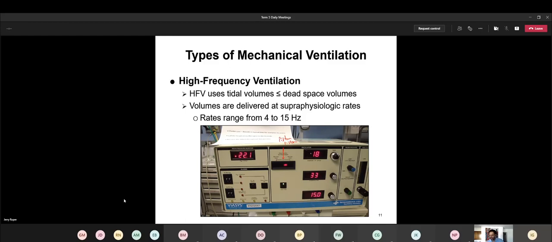And then over here, this is our amplitude. So this is like our delta P, or amps, as they call it. This will be a setting that the physician will give to you and say, let's do a delta P, let's just make it like 20. So delta P of 20. You see this and you'll say, okay, that looks to be pretty good, because it's hard to get this machine to stay on whatever it is that you set your delta P to.